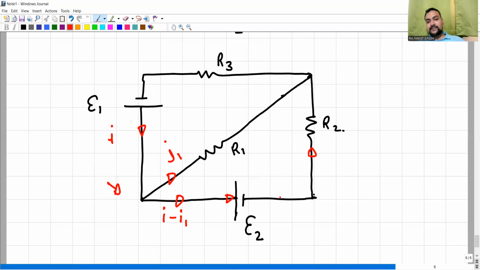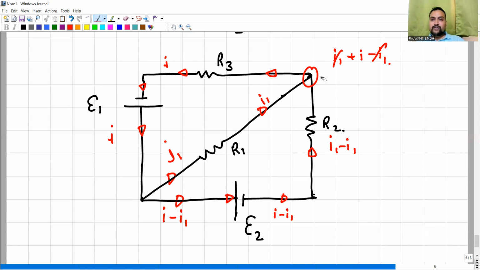Then the same current, I minus I1, leaves the cell E2 and moves towards R2. And at this junction, this I1 is also coming back. So at this junction both these currents combine, that will be I1 plus I minus I1. So these two will cancel. What is left? Only I, and that's why the current I goes back to the cell that it has come out from.